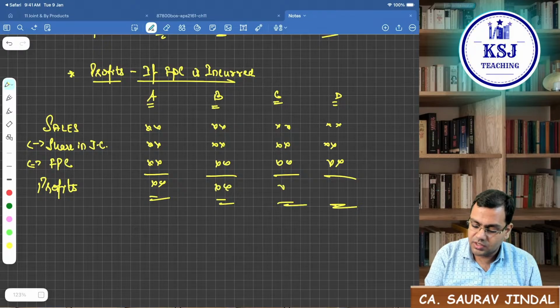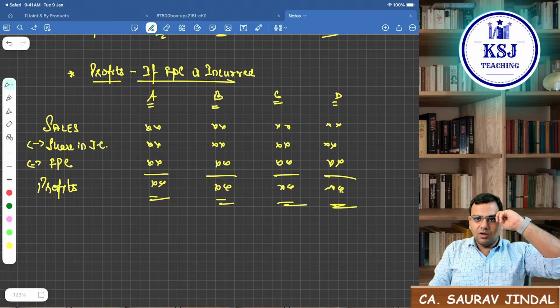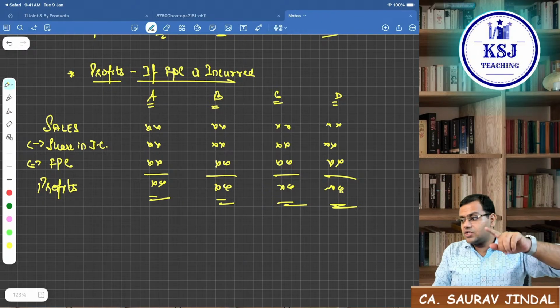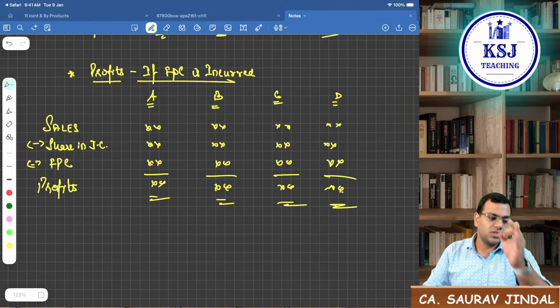What is the cost you are subtracting here? So whether the profits are to be calculated before further processing or after further processing, it will not impact how the joint cost is being distributed, because for the joint cost it is clearly mentioned that it is to be distributed on the basis of NRV.